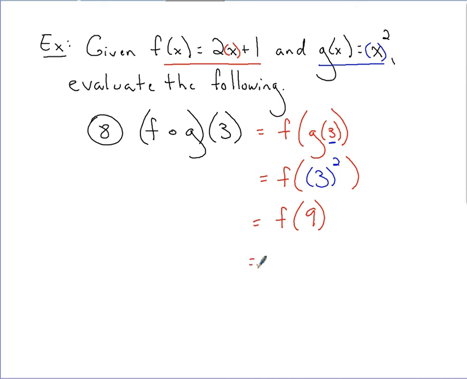If I do that, I've got 2 times 9 plus 1. This means that f of g of 3 is 18 plus 1, also known as 19. Okay?